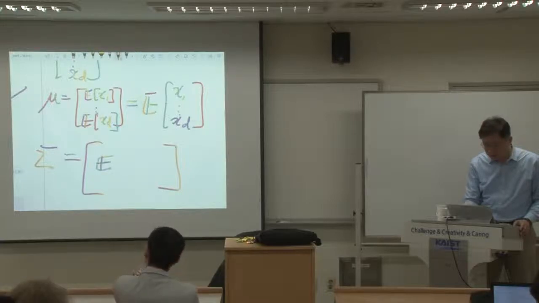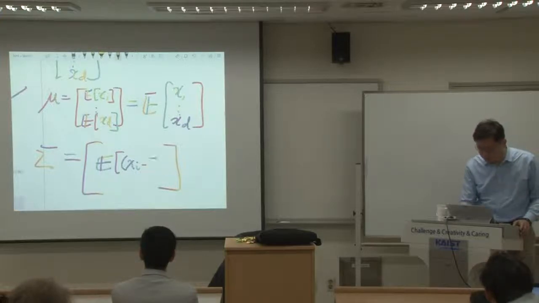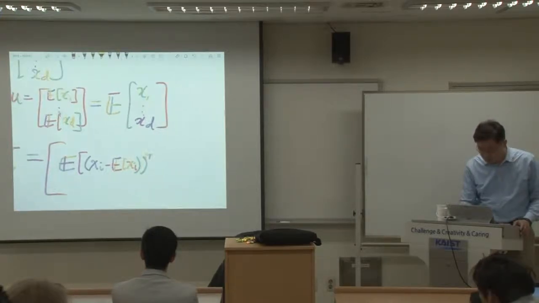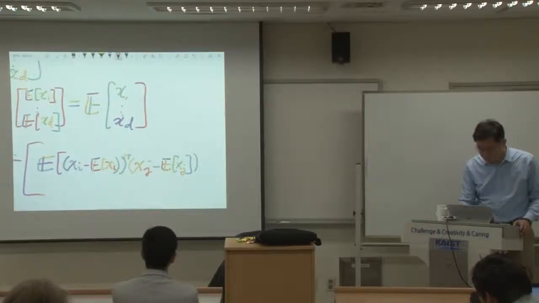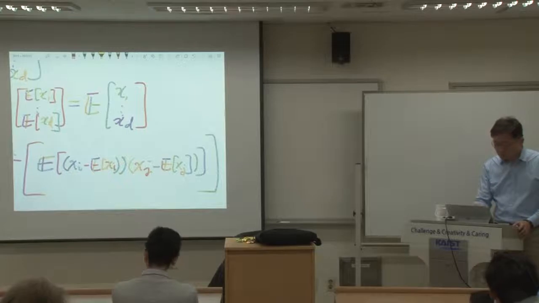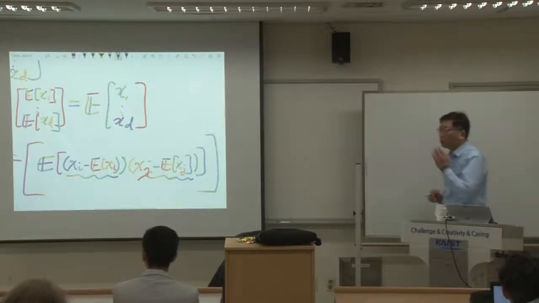The ij element is x_i minus mu_i, since I haven't written mu_i, times x_j minus mu_j, transpose. That's the ijth element.